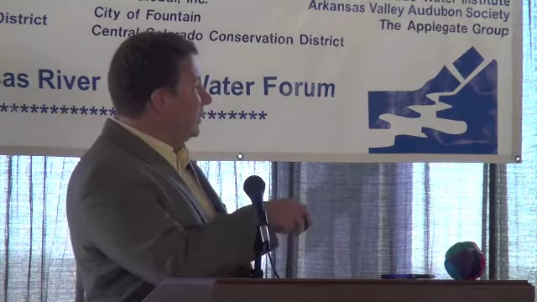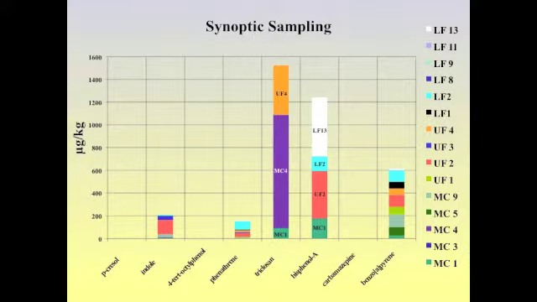Now, the two that show up right here, triclosan and bisphenol A, these are uniquely anthropogenic or man-made compounds. These aren't naturally occurring in the environment, and you can see that some of the highest concentrations of any of the compounds that we're looking for were these two compounds.